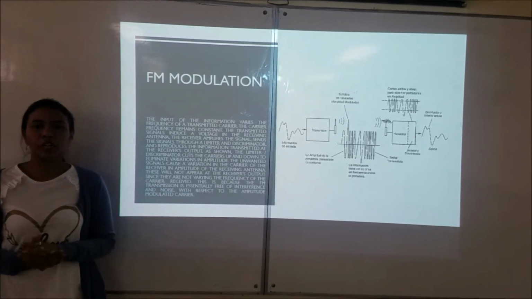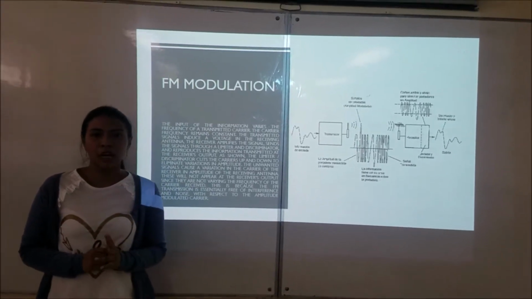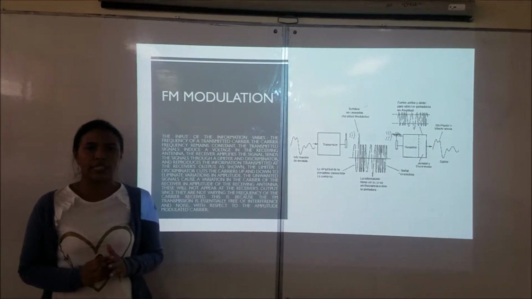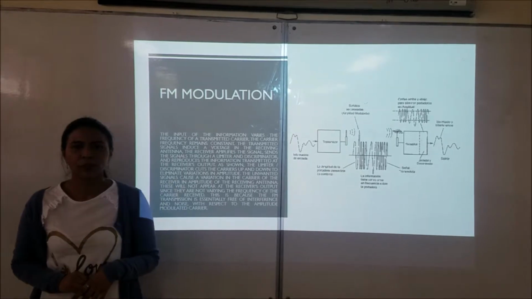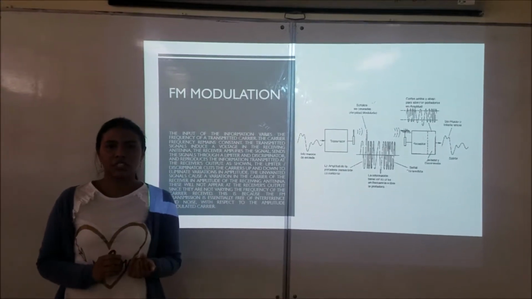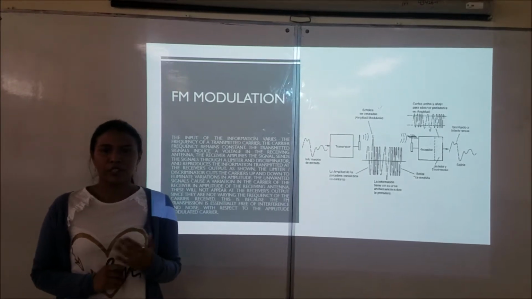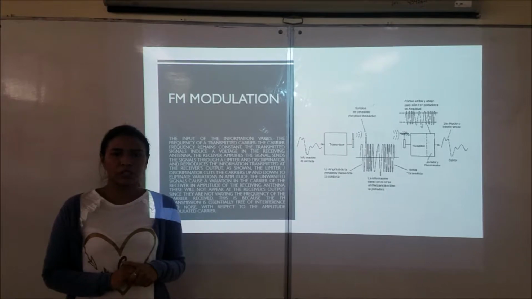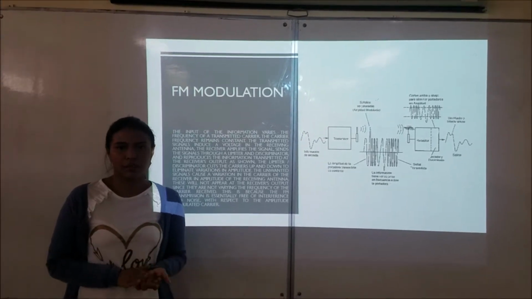This will not appear at the receiver's output since they are not varying the frequency of the carrier. This is because the FM transmission is essentially free of interference and noise with respect to the amplitude modulated carrier.